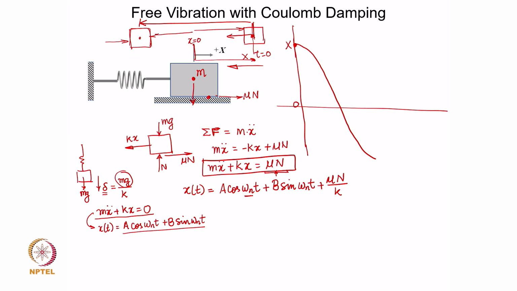Mu n by k obviously is a constant value, and this part is going to generate oscillations in the vibratory system. A and B are some assumed constants. We do not know what the values of these A and B will be, and therefore, if we want to trace out this path of the vibratory motion of the mass, we will have to find out the expressions for A and B. How would you find A and B?